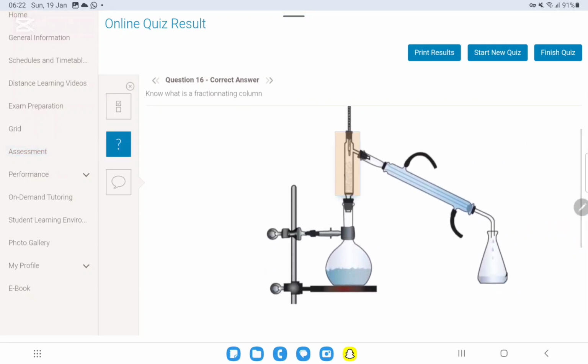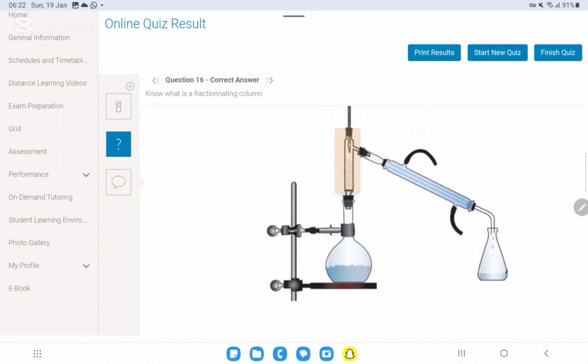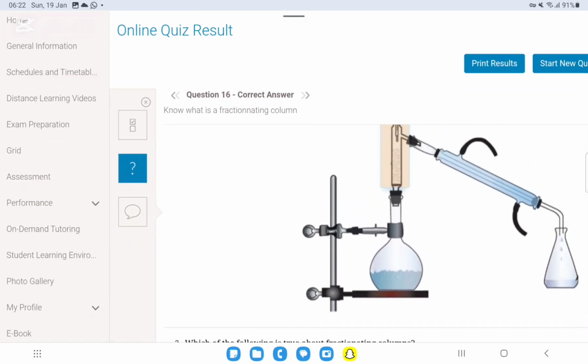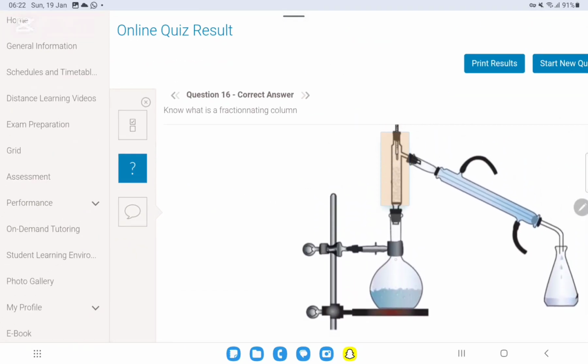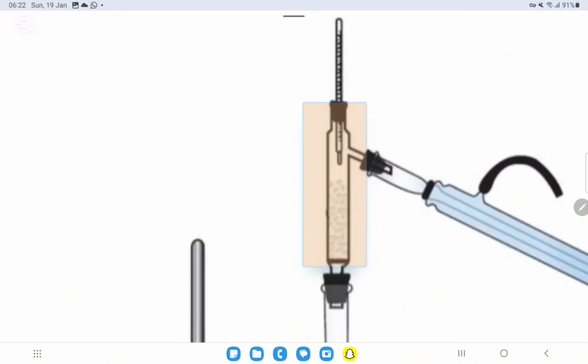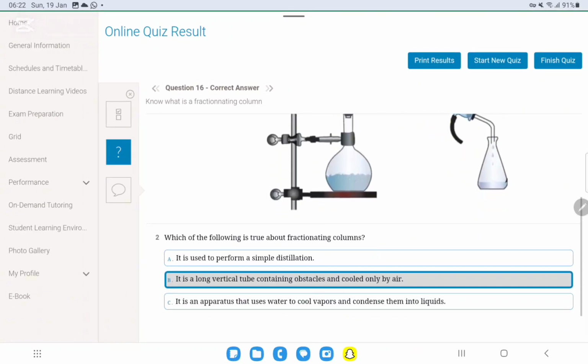They want a fractionating column. It's going to be a long tube on top of the round bottomed flask, it's going to have those dots inside, obstacles, and cooled by air, so it's not going to have anything in it other than the obstacles.